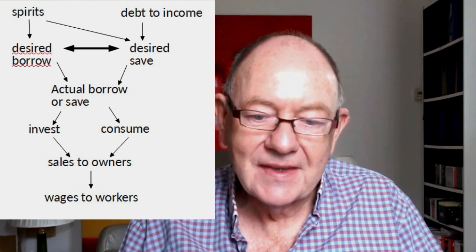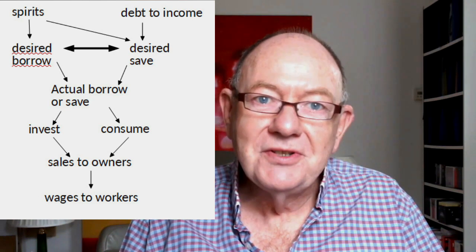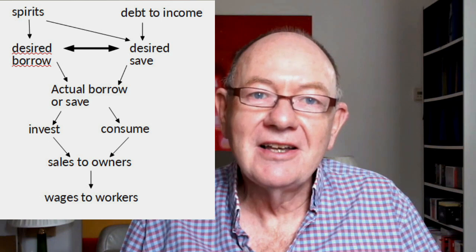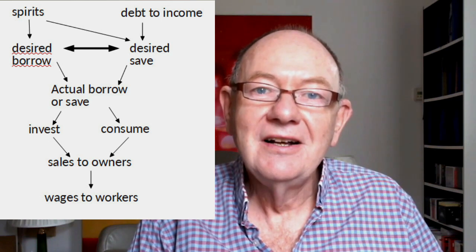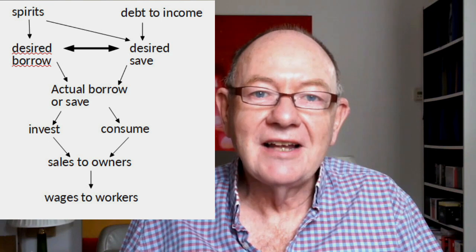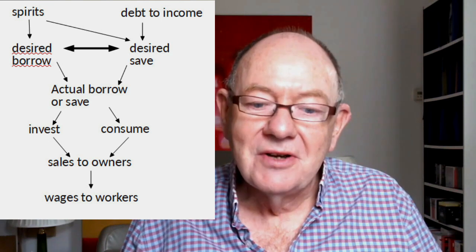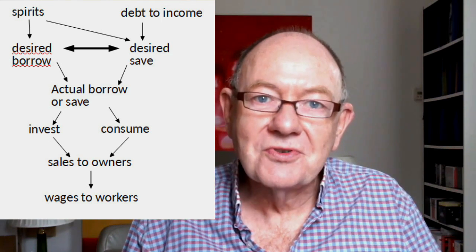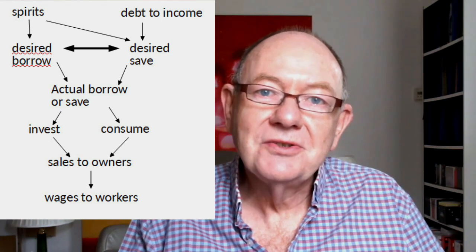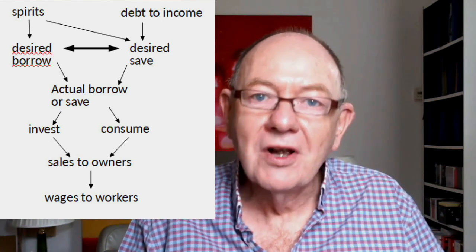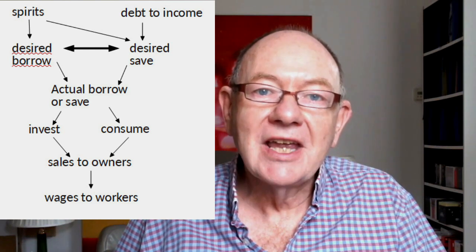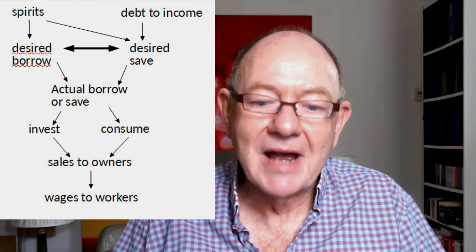Now, these two trains of thought, the one that says my spirits are high, I'd like to borrow and spend more, and the one that says my debt is high, I'd like to save and reduce that debt, they conflict. So we put these two trains of thought together and we simply decide to borrow and spend more, or not to borrow and in fact to save and reduce debt by looking at which of the two is the bigger amount.